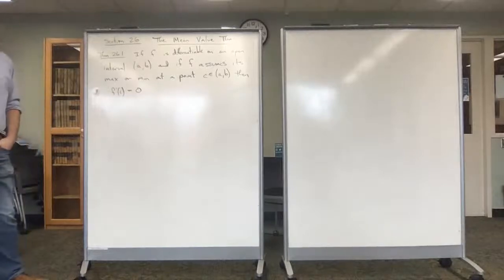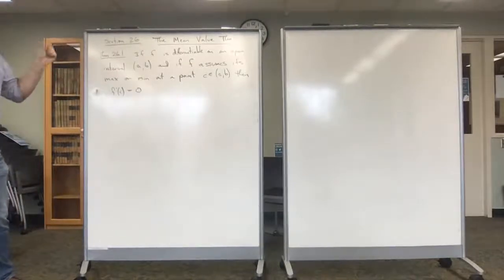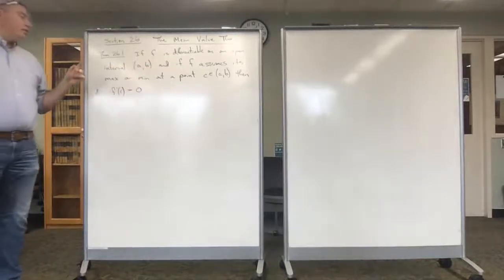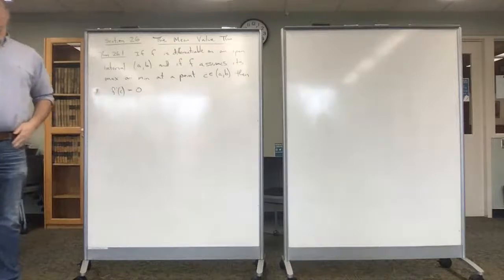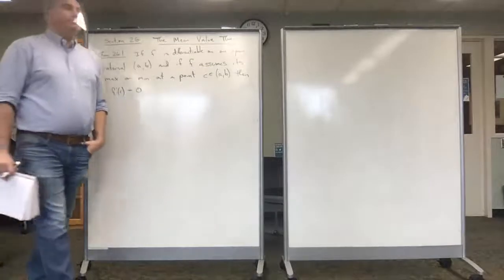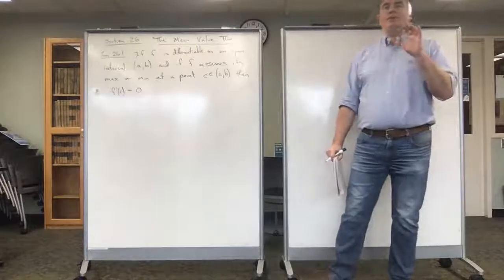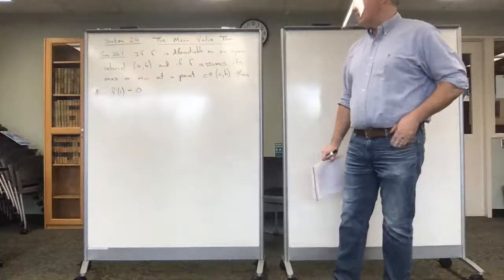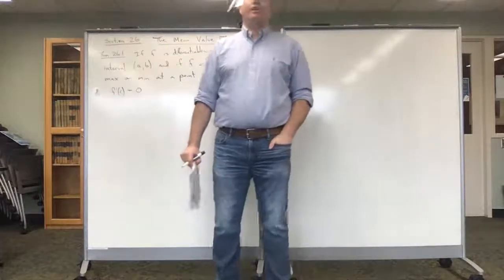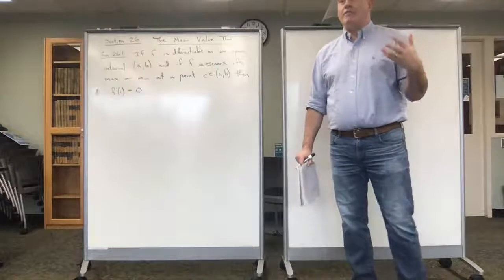Okay, so basically what this says is that if you're a differentiable function over an open interval, and you have a max or min, then the derivative at that max or min is 0. If you remember from calculus, in Calculus 1, when you start learning about derivatives, you learn about critical points or critical values, which are typically places where the derivative is 0.